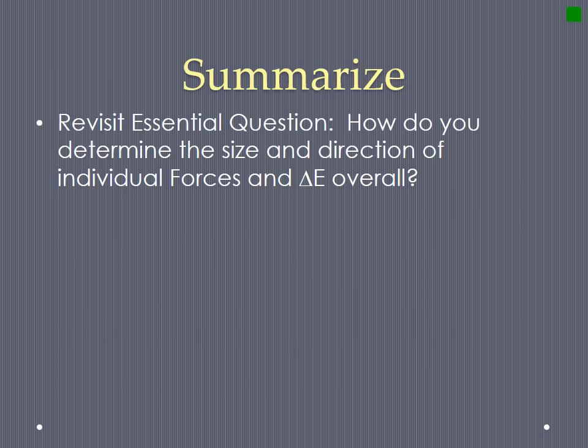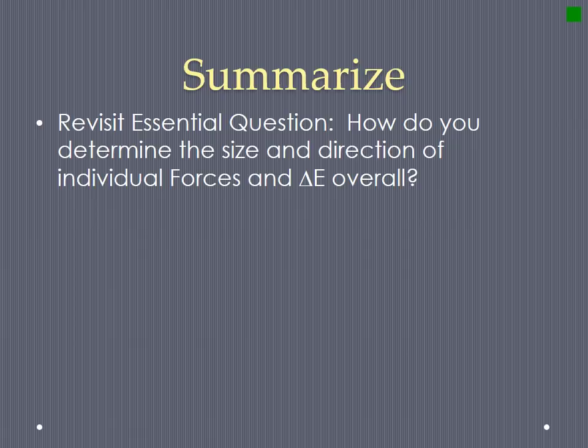So now we must revisit the essential question. How can we determine the size and direction of individual forces and the change in energy overall? The answer is we can represent the system or object using a free body diagram.